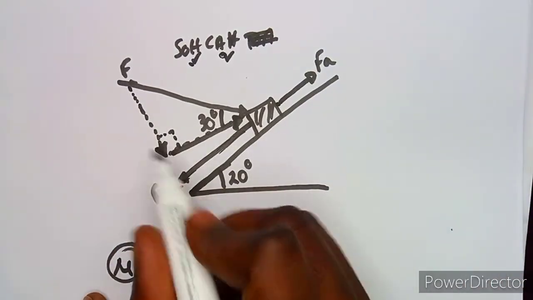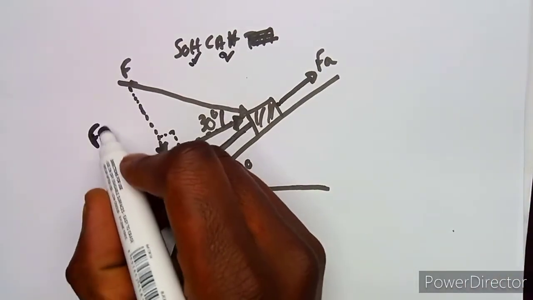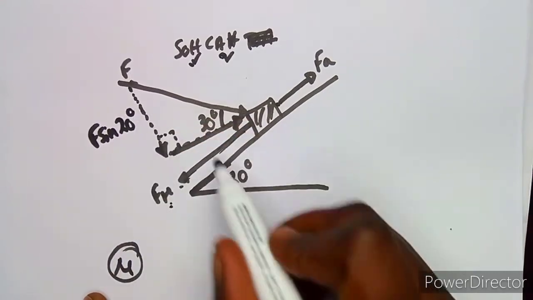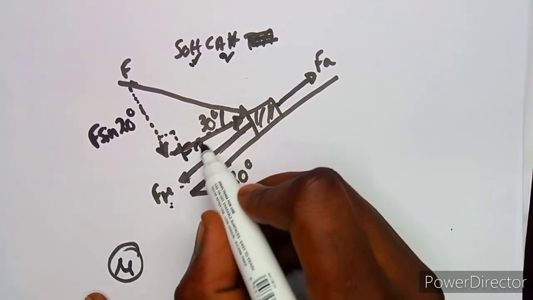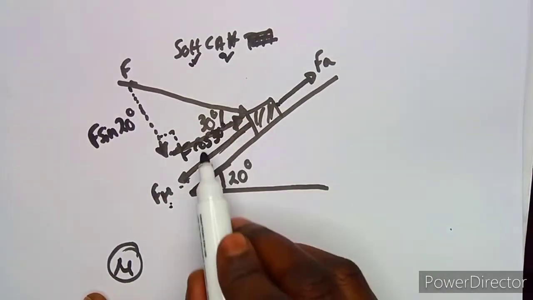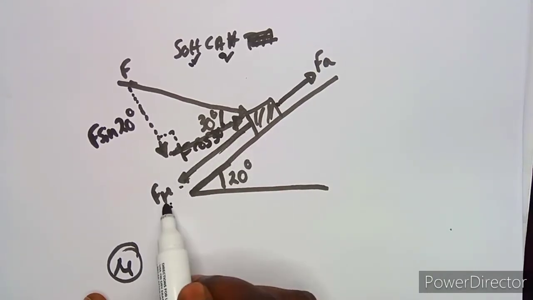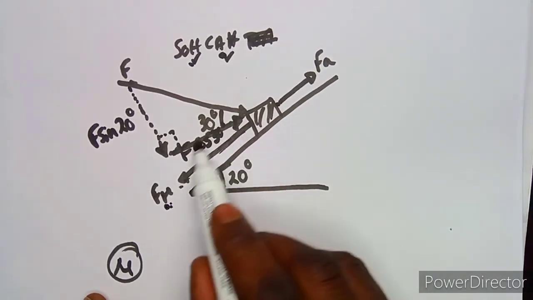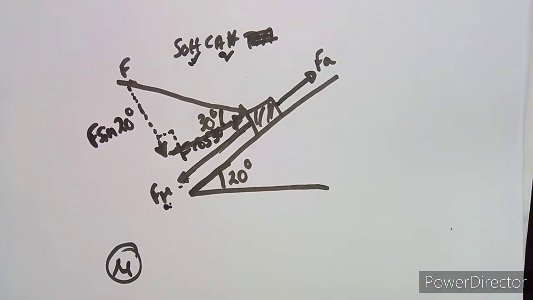So this is going to be F sine 20 degrees, and this is going to be F cos 20 degrees, which is this part here, not the frictional force, no, this part that is going this direction.